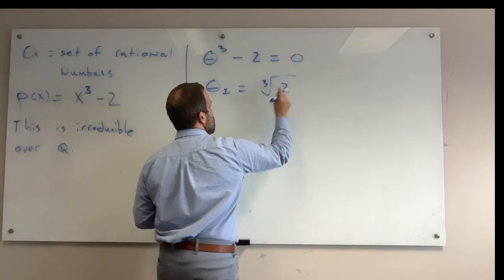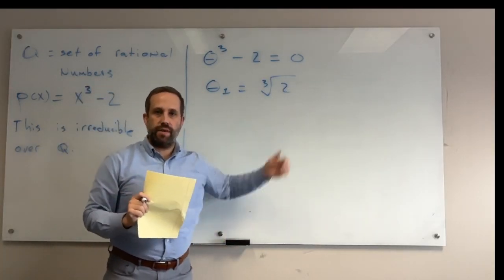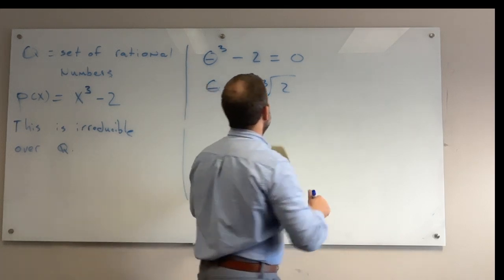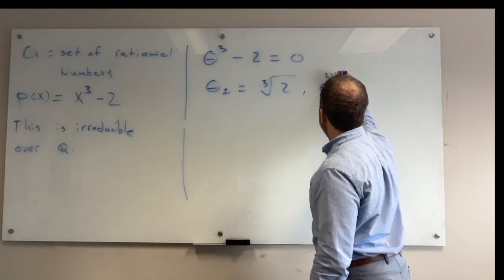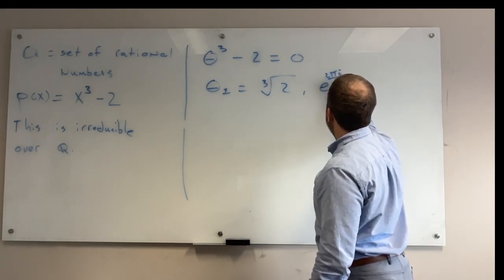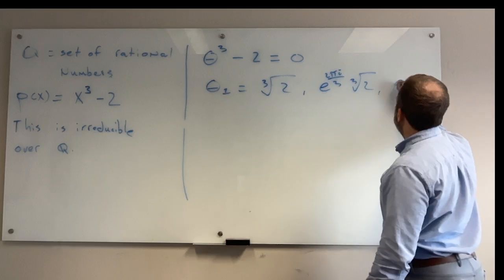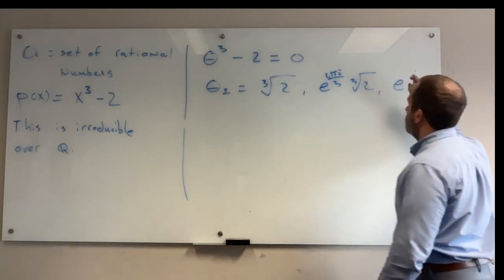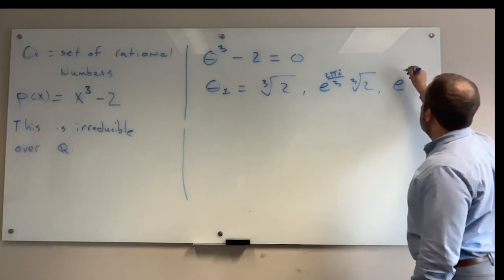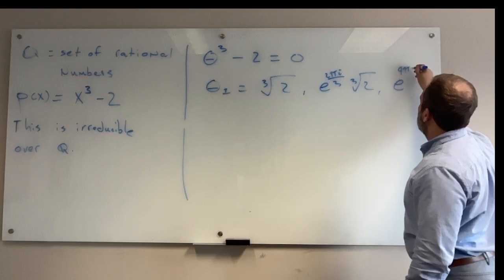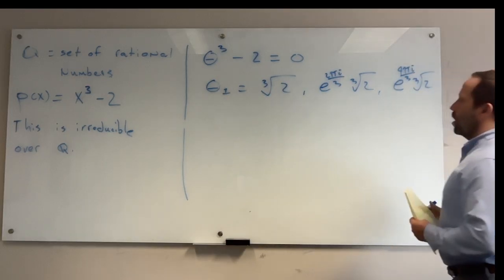The third root of 2, and even this symbol right here, we're picking the real positive root here, and that's the only one. And then we're going to have e to the 2 pi i over 3 times this, and then e to the 4 pi i over 3 times that as well.